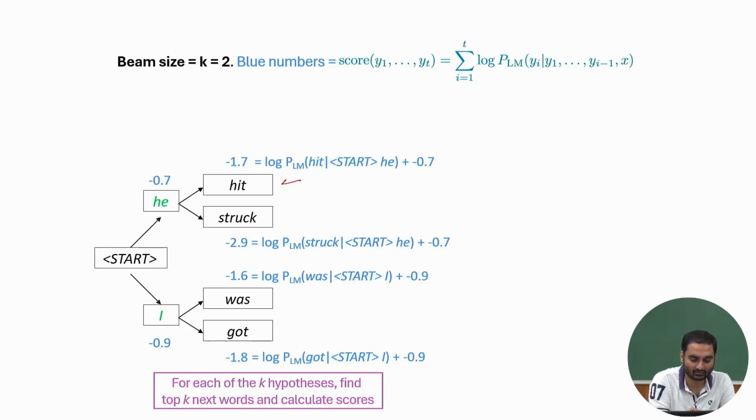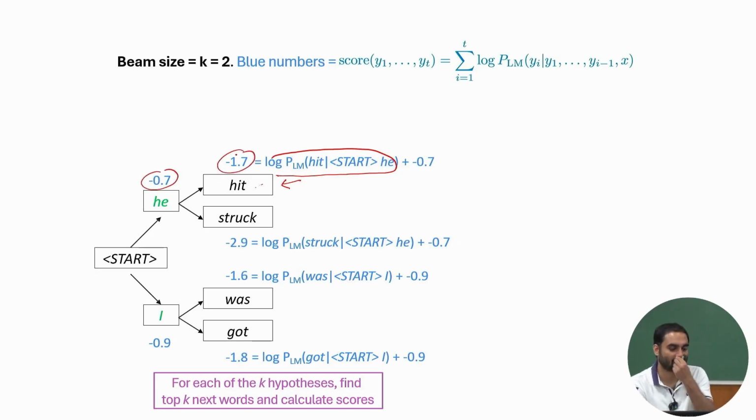At this stage the probability is the probability of this plus the previous one, so the total is minus 1.7. Here the totals are minus 2.9, minus 1.6, minus 1.8.